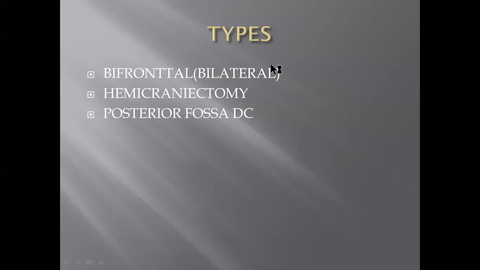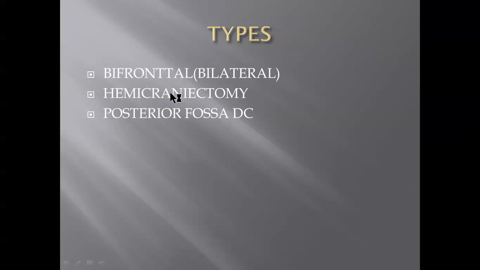Now, decompressive craniectomy, the basic three types are: it can be frontal, bifrontal, it can be unilateral, that is your hemicraniectomy, and one is posterior, that is your suboccipital or the posterior fossa decompressive craniectomy.